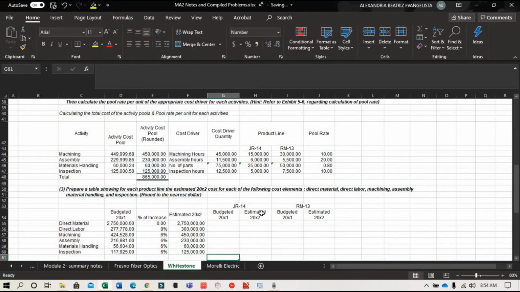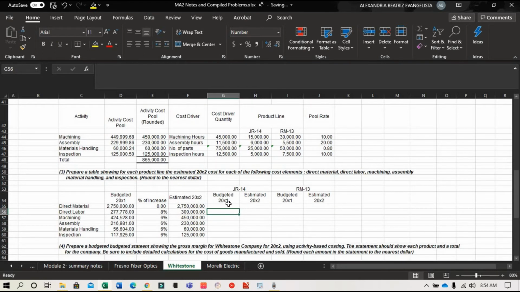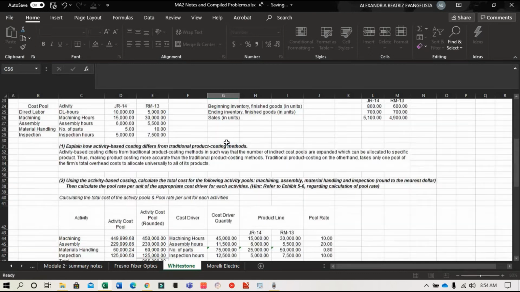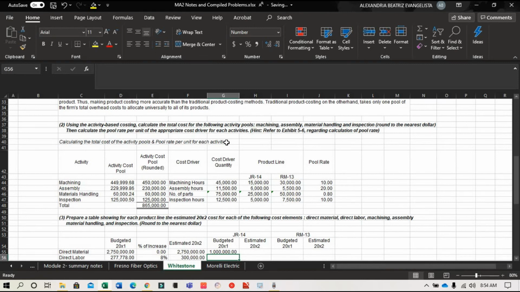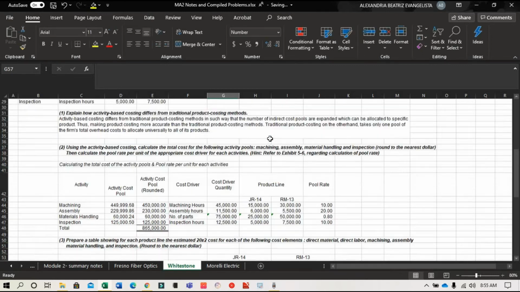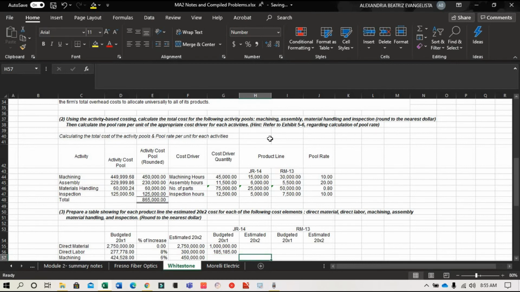So let me just fill this up. For JR14, the direct materials is 1 million for 20x1, its direct labor is 185,185. Its estimated is still 1 million.